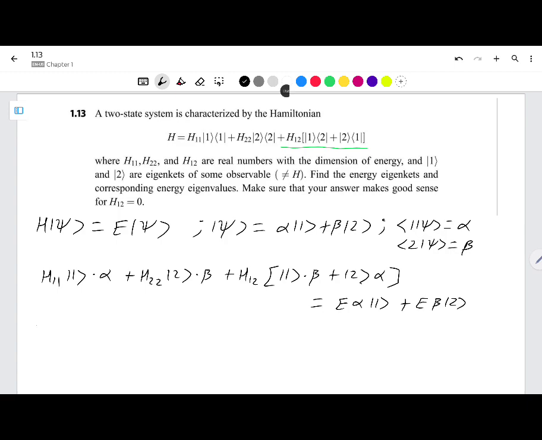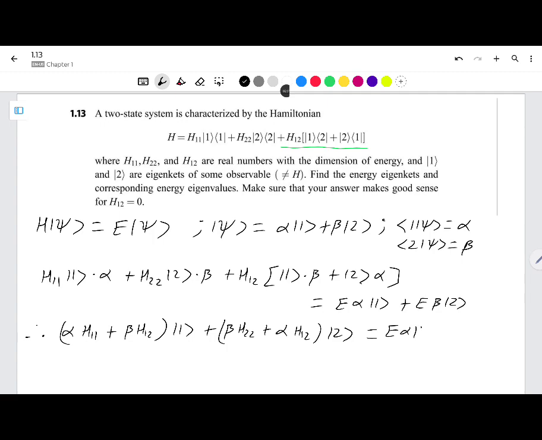So we put together the states |1>, that would give us alpha H11 |1> plus beta H12 |1> plus beta H22 |2> plus alpha H12 |2>.